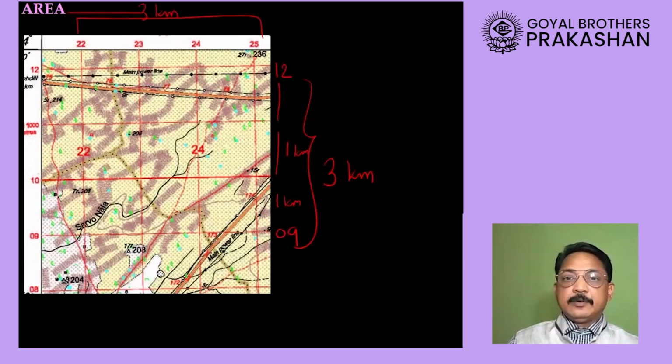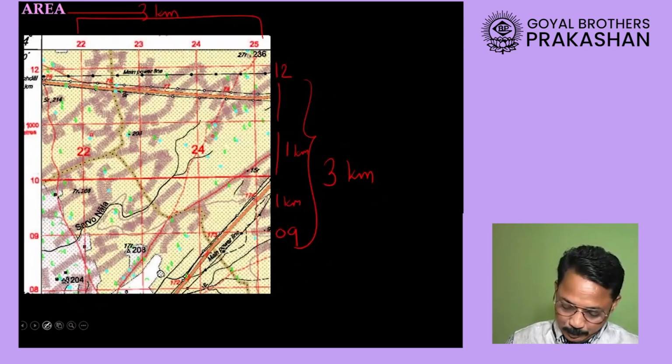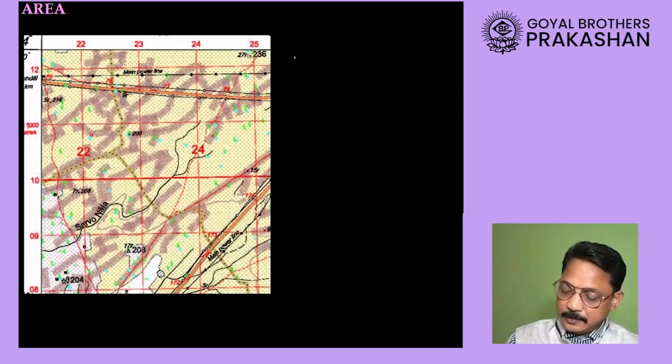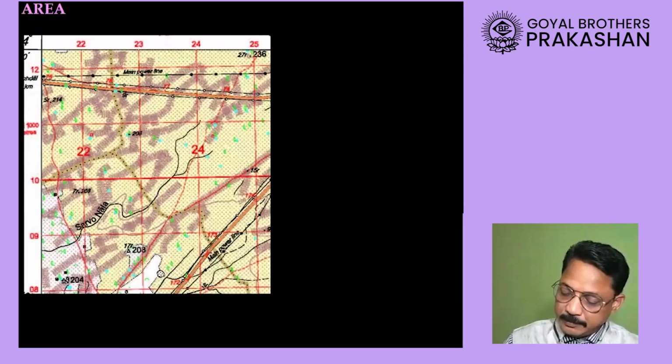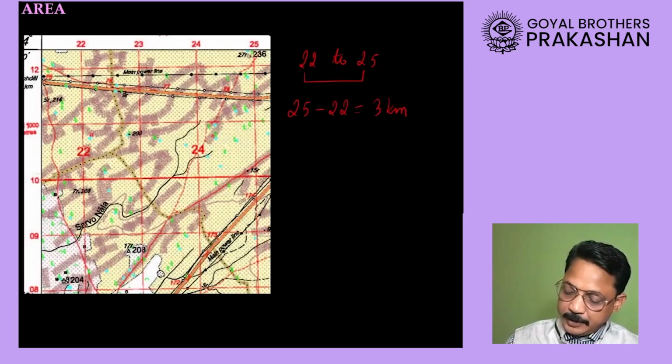Now we want to calculate the area of the ground enclosed by the eastings from 22 to 25. So instead of that, I will write down 25 minus 22 is equal to 3 kilometer.